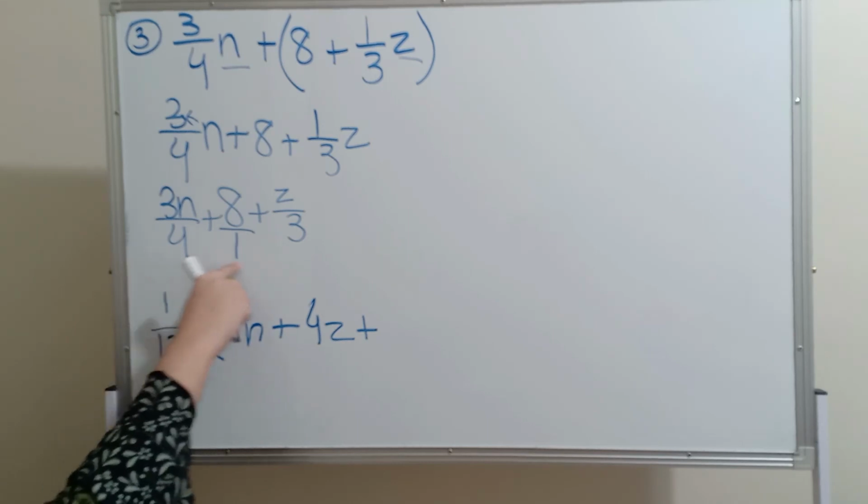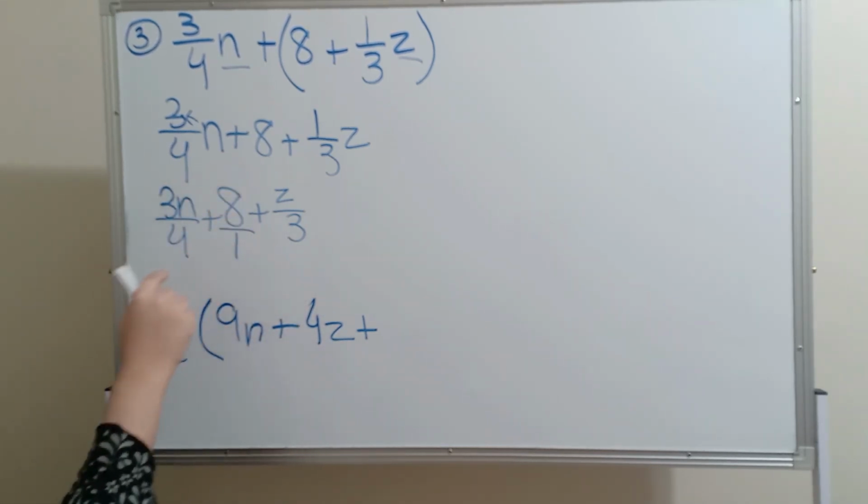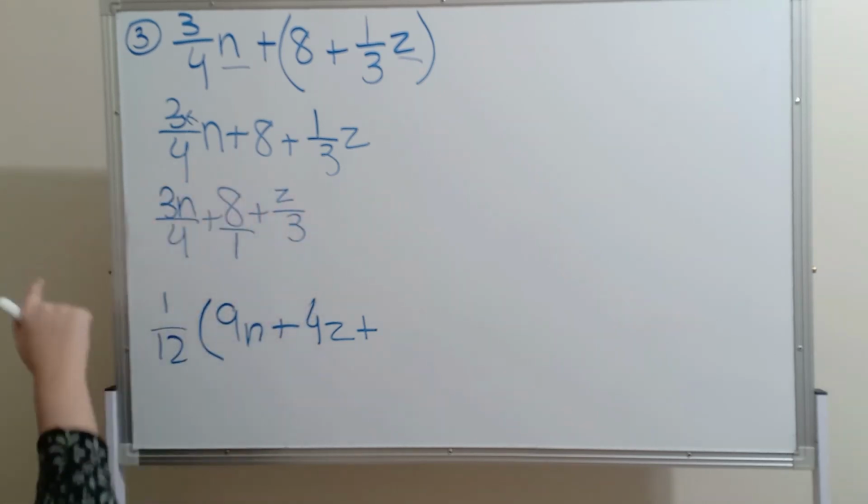We have to multiply all of these numbers. We cannot only multiply the variable numbers or this number only. You have to multiply all of these numbers because we found the common denominator for all of these numbers.